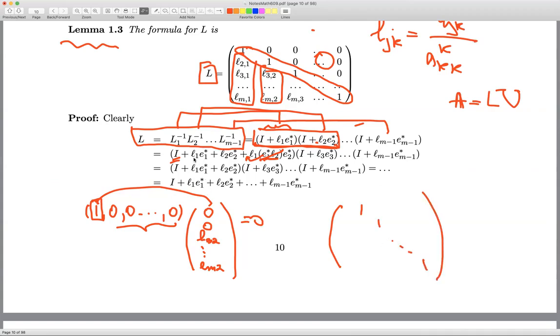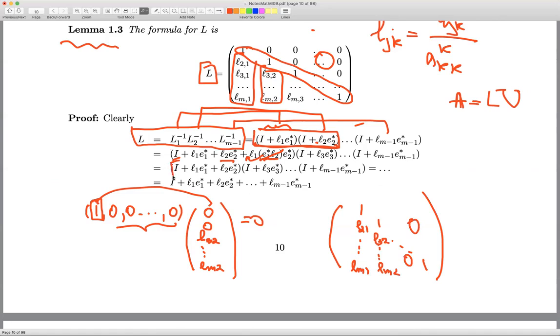Then L1 E1 star will populate the first column of the resulting matrix. So I will have here L21 and so on, LM1. Then L2 E2 star will populate the second column. So here I will have L32, and so on, LM2, and everywhere else will be 0.